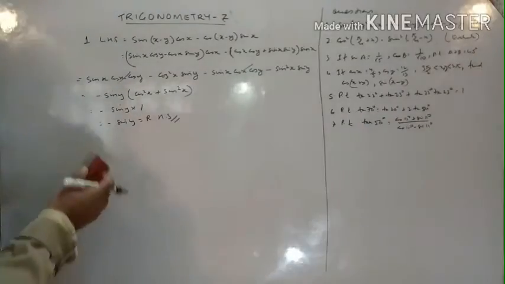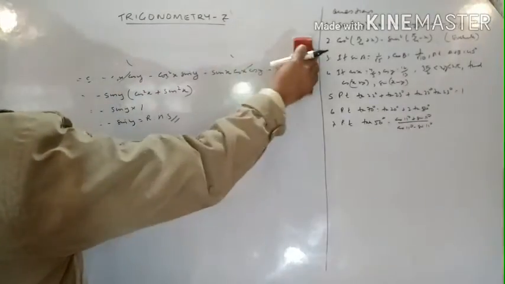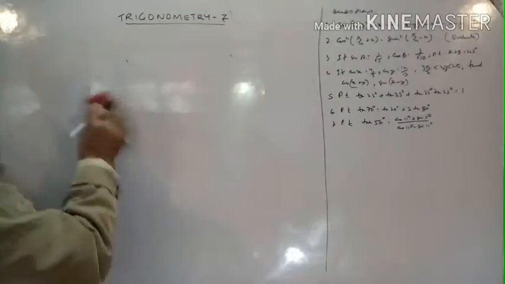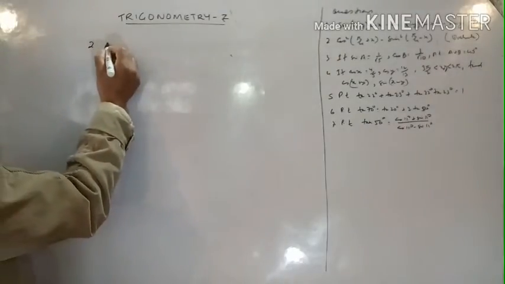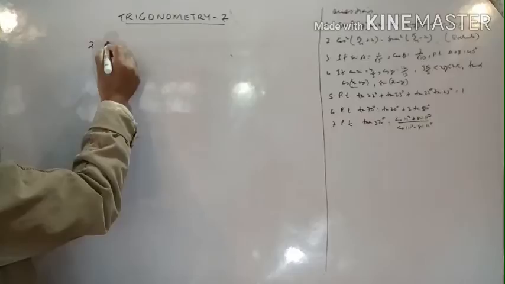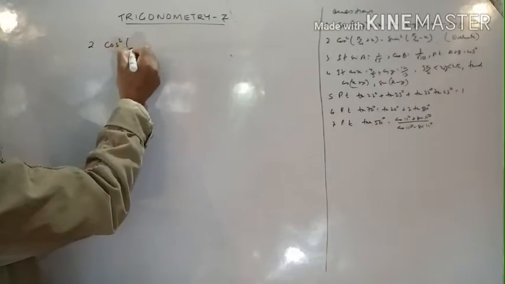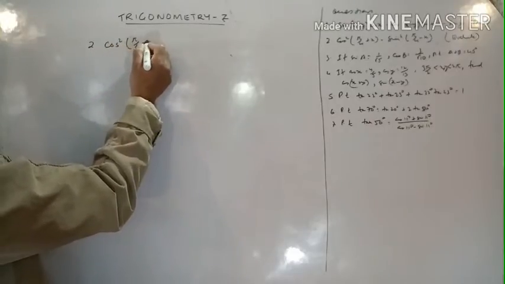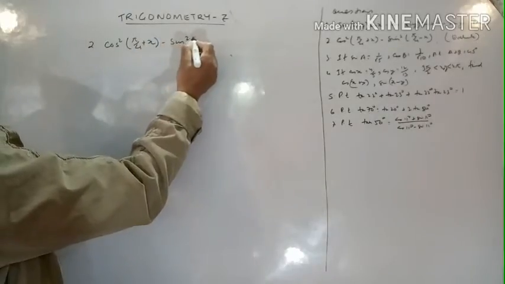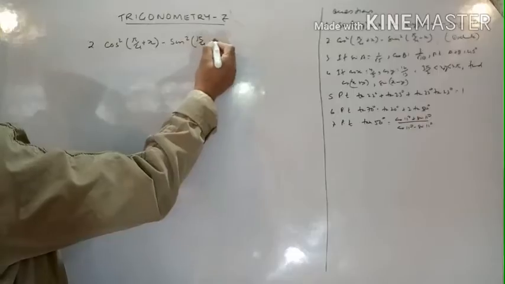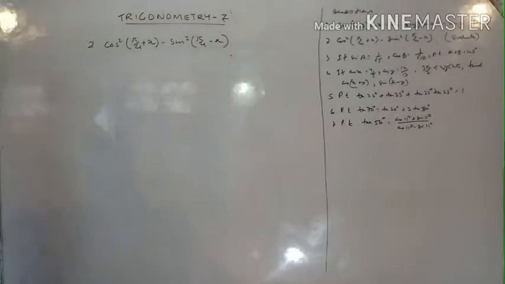Now question number 2. We have to evaluate cos square (pi by 4 plus x) minus sine square (pi by 4 minus x).